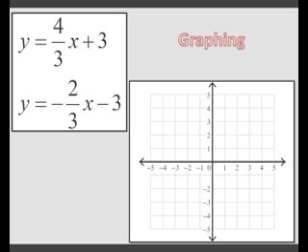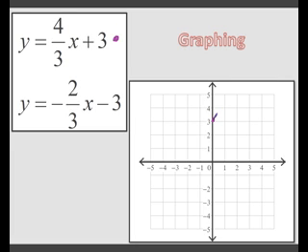And let's talk about graphing. We have y equals 4 over 3x plus 3, and y equals negative 2/3 x minus 3. On the first one, I'm going to use purple. We're going to begin by going to our 3 on our y-axis and putting our dot there.